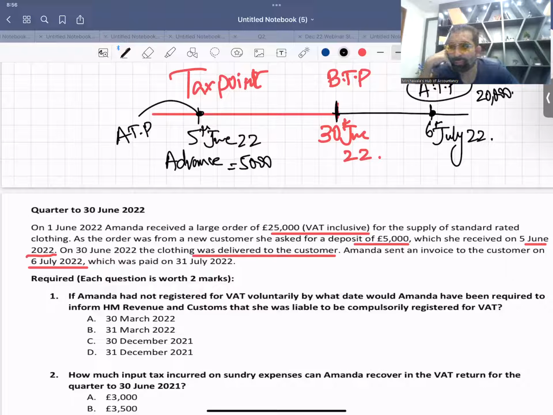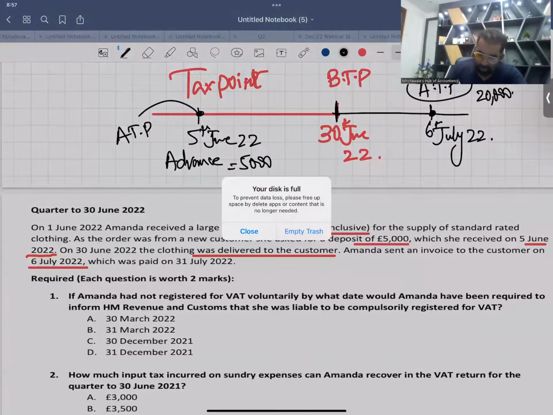Okay. See, the total bill was 25,000. Out of 25,000, the actual tax point of 5,000 belongs to this June quarter, and the actual tax point of the remaining 20,000 relates to the next quarter.